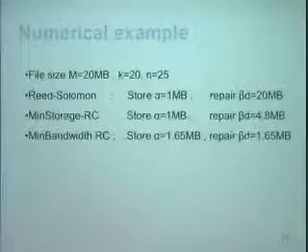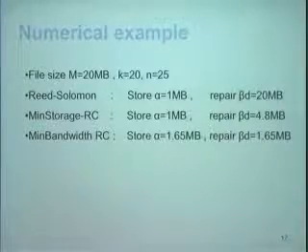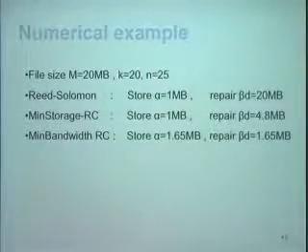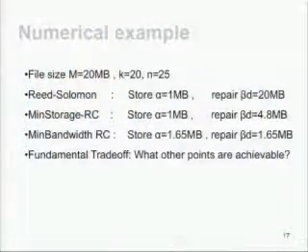At this operation point, you communicate exactly what you store, which is the minimum possible. You see, because there's no way you could go below that, right? Because you're storing 1.65. And you can always achieve that, yes. So at the minimum bandwidth point, these two are equal. Okay, so there's a trade-off between storage and communication here.